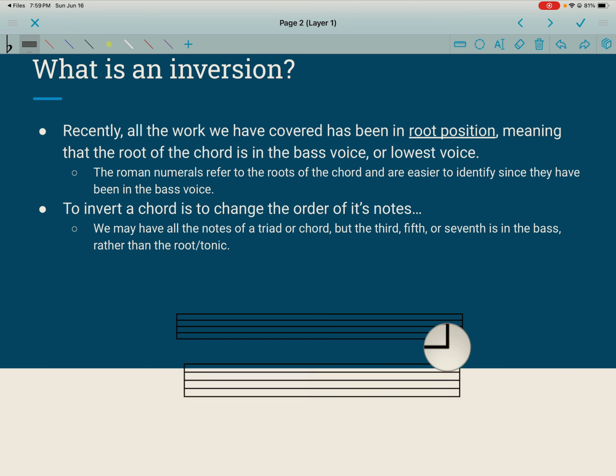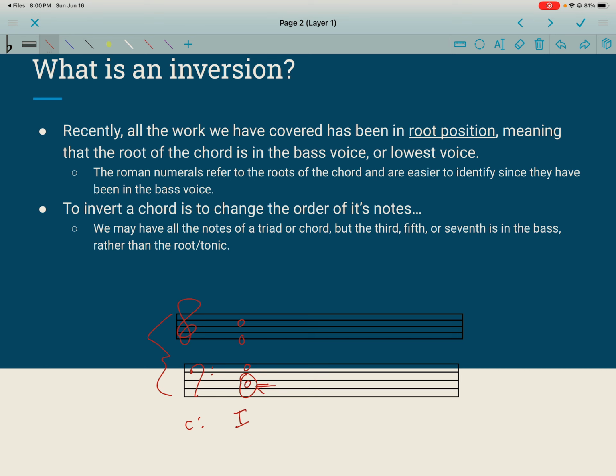I have my bass clef on the bottom and treble clef on the top, and if I had something that looked like C, G, E, and a C, I know that I'm in C major, and the root of my chord, a C, is in the bass voice, which is my lowest voice. So here you have just a major 1 chord.